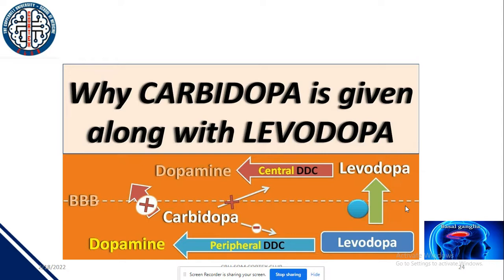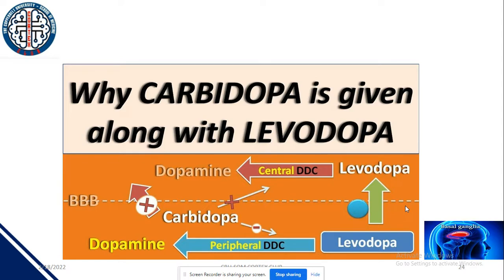Now, we don't want dopamine outside the blood-brain barrier because it has several side effects. So by administering it with carbidopa, we are simply inhibiting the conversion of levodopa to dopamine. As you can see the negative there, it shows that levodopa can't be converted to dopamine outside the blood-brain barrier.